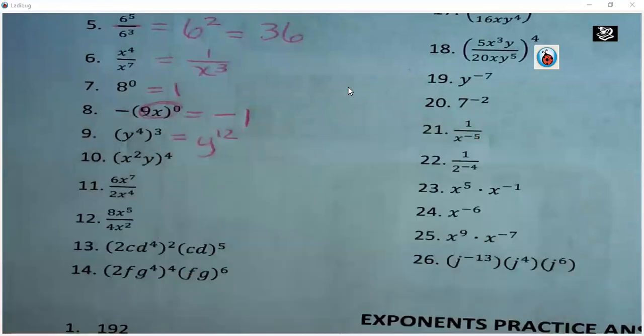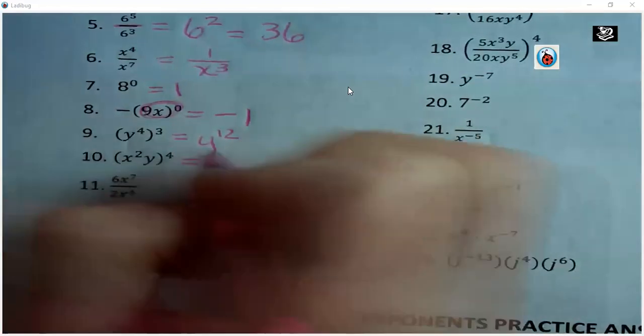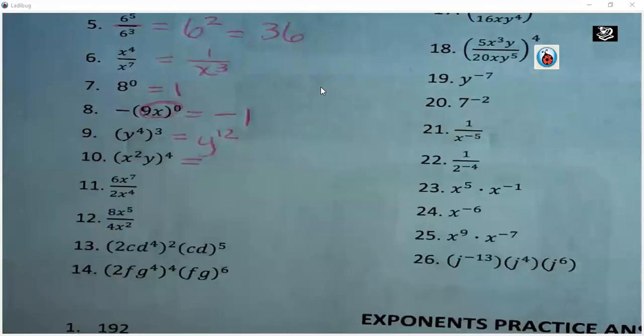Noah, give number 10 a try. Are you there, Noah?